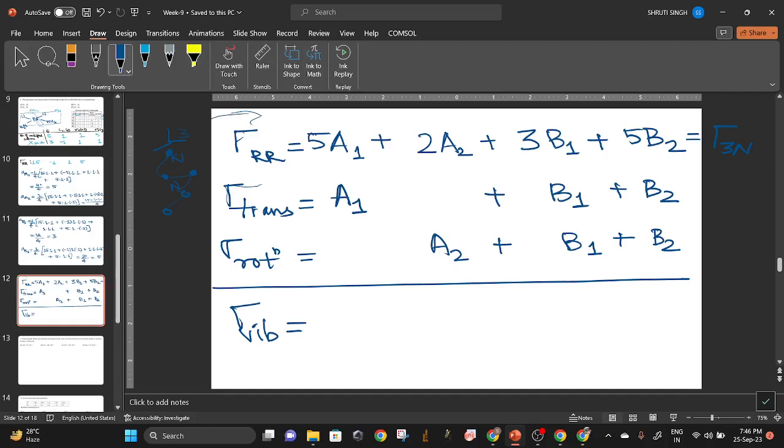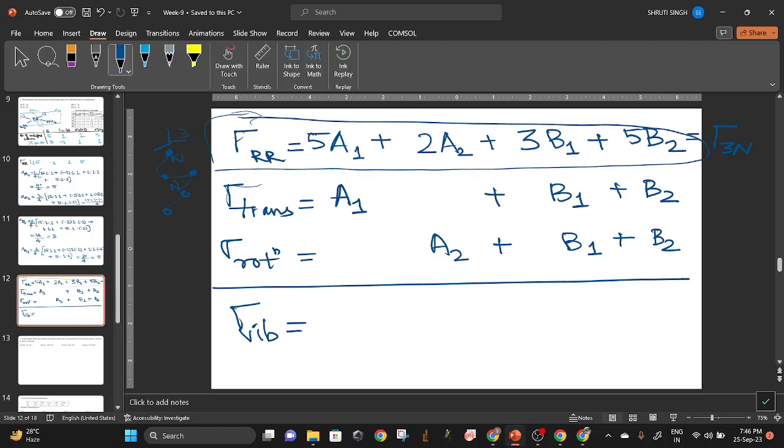So this thing which we got is the total number of degrees of freedom. This total consists of translational, rotational and vibrational motions. So to get the contribution of vibration, we need to subtract the translational and rotational contribution. So that's what we are doing.